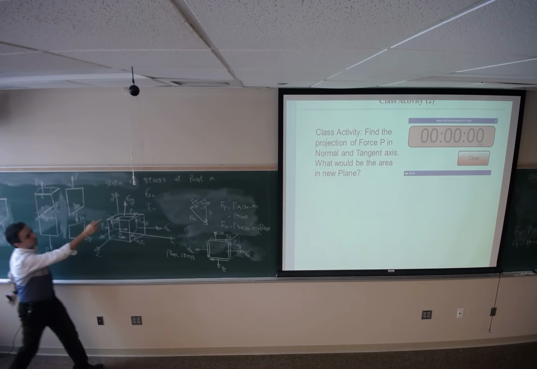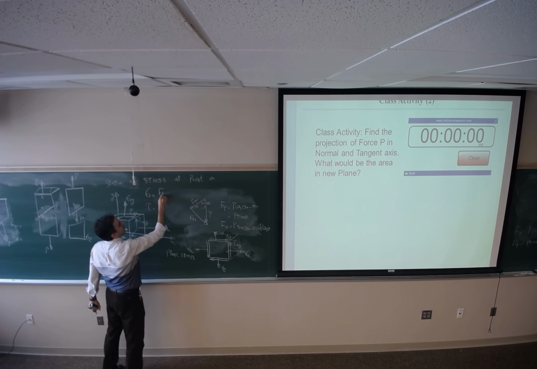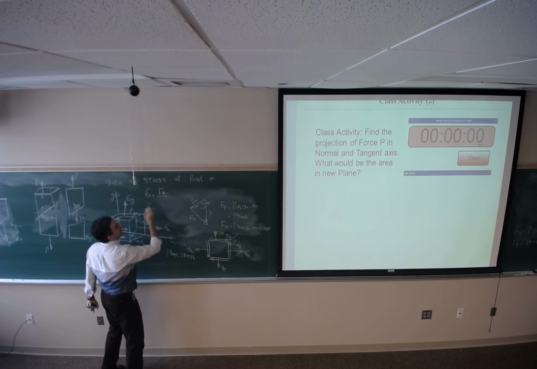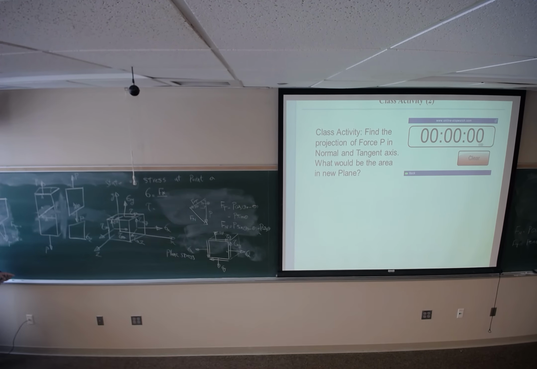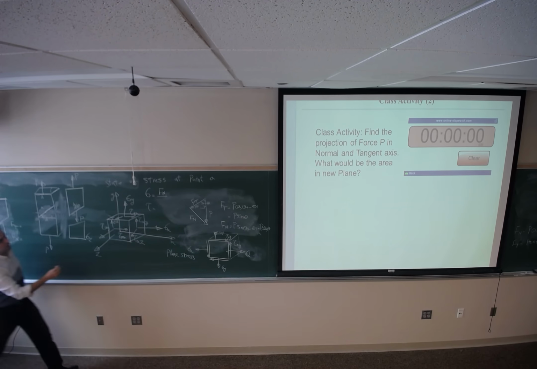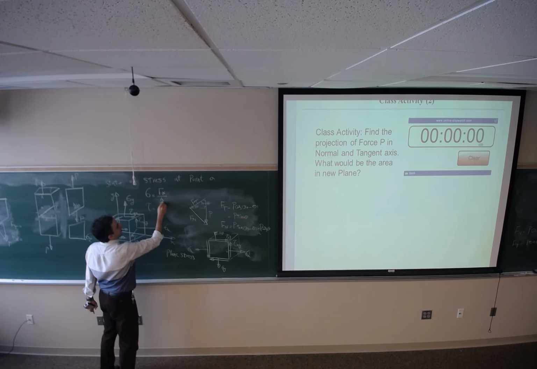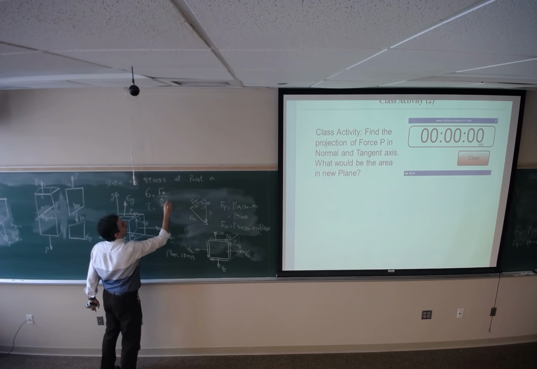For the normal stress, Fn divided by area. If you look from the top, the area is this length times the thickness, which is 1 inch. So this length is A divided by cosine of theta times 1.